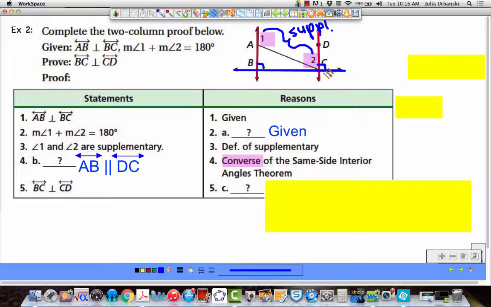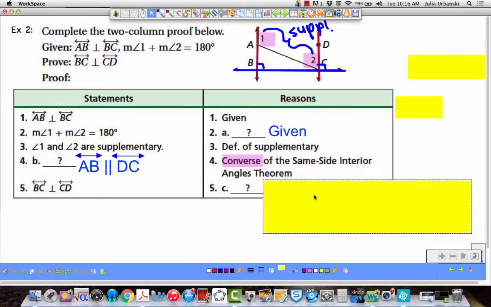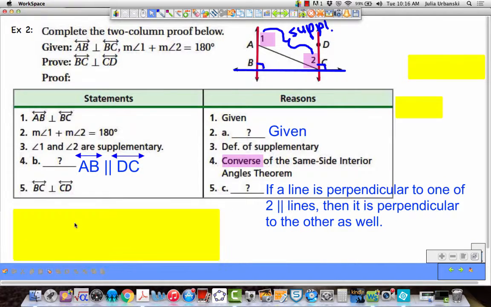So we're going to say that BC is perpendicular to CD. And the reason is one of your theorems up top. It's the one that says if a line is perpendicular to one of two parallel lines, then it's perpendicular to the other. This one doesn't have a special name, so we're just going to write out the actual statement. And you can abbreviate. You can use the perpendicular sign if you know it, or you can just copy it out.